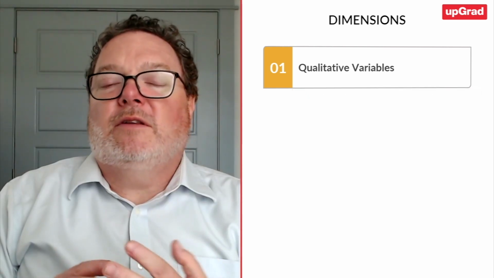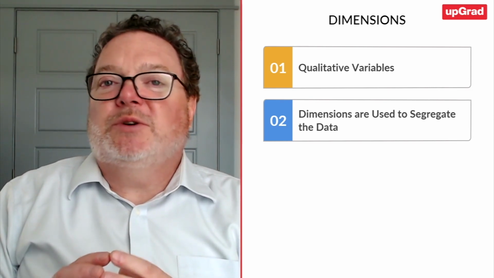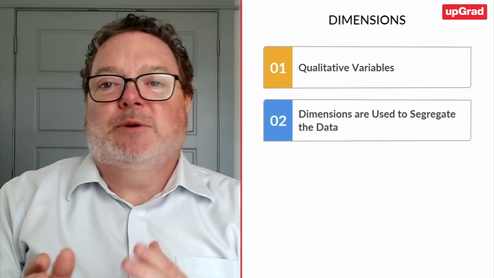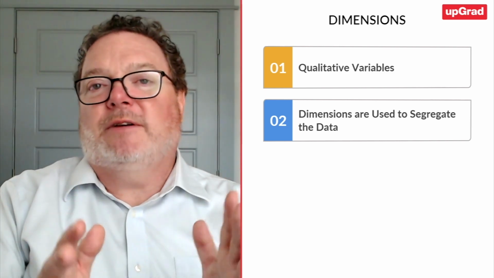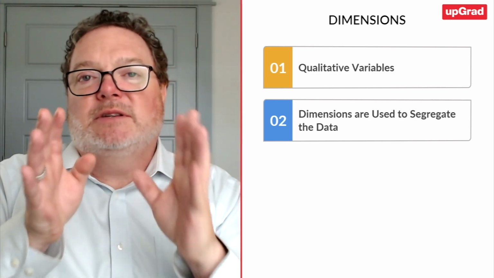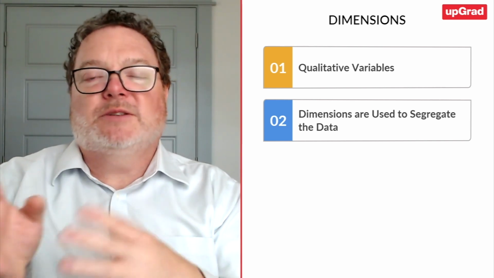We use the dimensions in Tableau to segregate the data. So we want to look at these particular dates. We want to look at this particular geographic region. We want to look at these categories of products within the company. So your dimension is always going to affect something we call the level of detail in Tableau.